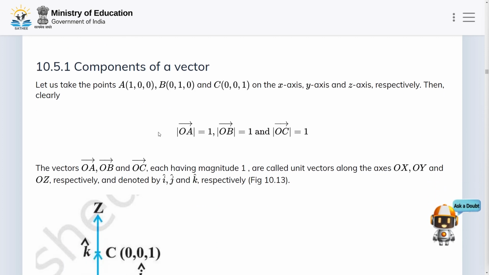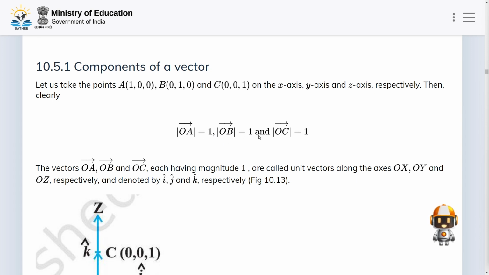Now, components of a vector. So let's talk about components of a vector. Suppose we are having 3 points A, B, C, with A as (1, 0, 0), B as (0, 1, 0), C as (0, 0, 1) on the x-axis, y-axis and z-axis in 3D space. Then the position vectors for points A, B and C will be vectors OA, OB and OC, having the same magnitude, which is 1.